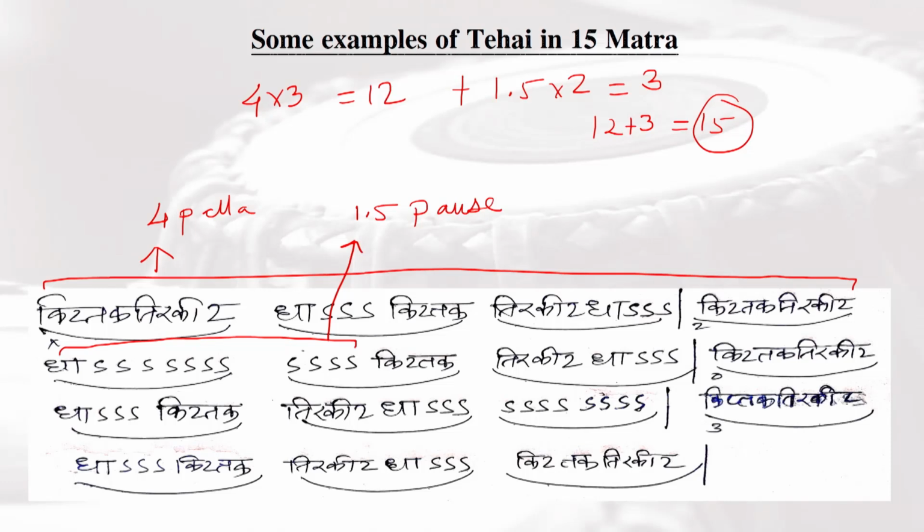Now we just say this Tehai in Lehra. Lehra can be of your choice, whichever comfortable lehra you feel. You can practice reciting these Tehais in that Lehra. So I am using the Lehra app.